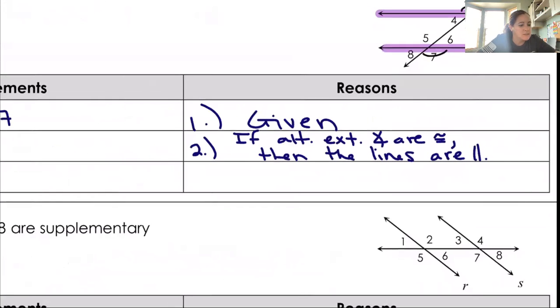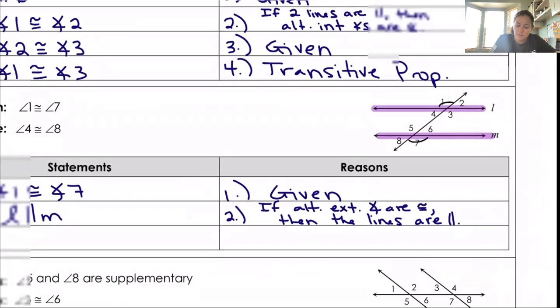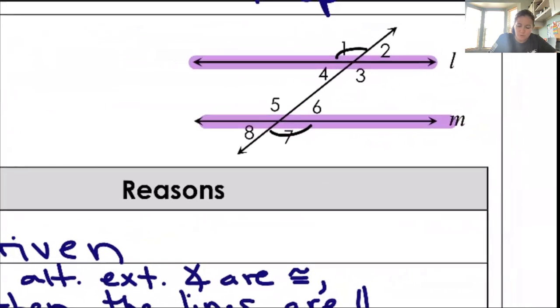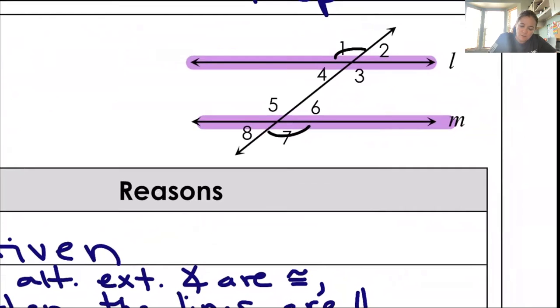All right, let's see. And our last one, we have L is parallel. What are we trying to prove? 4 and 8. So here's 4 and here's 8. Well, those are along L and M with the transversal there. So they are corresponding angles.